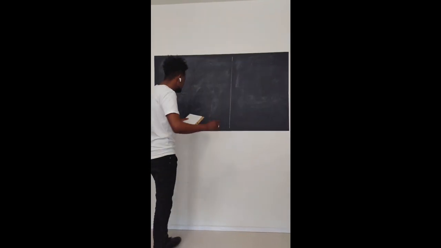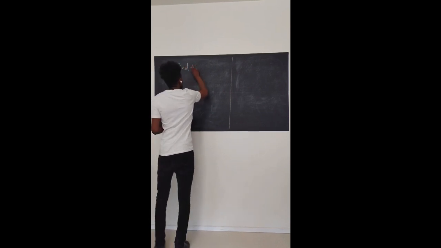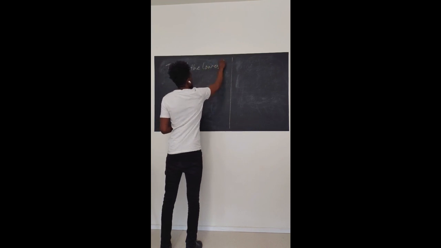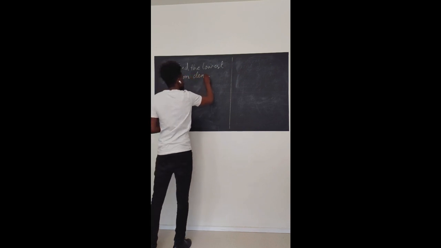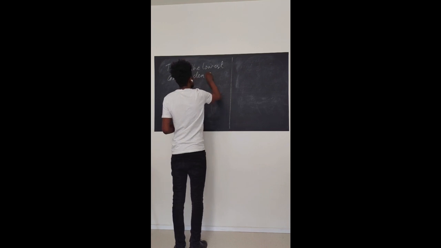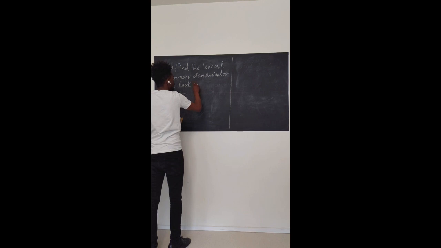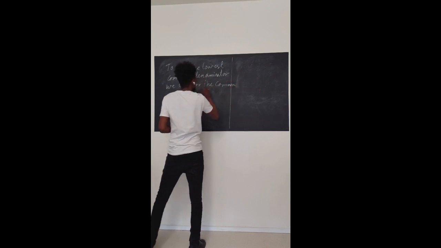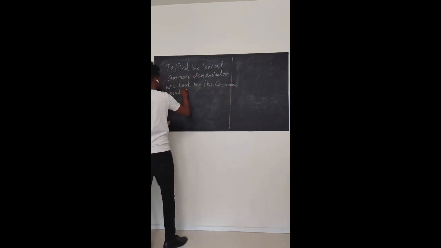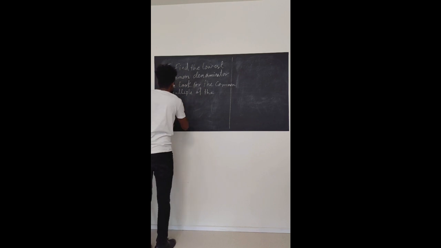So to find the lowest common denominator, we look for the common multiple of the denominators.